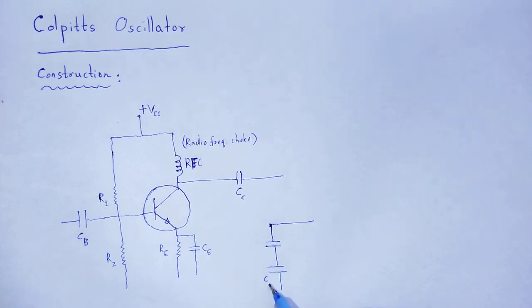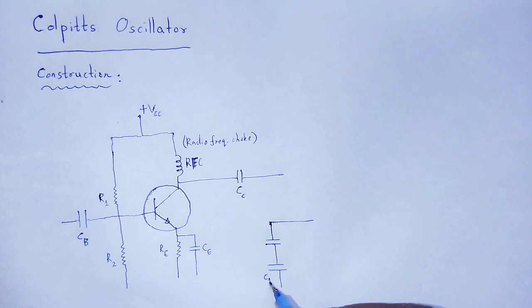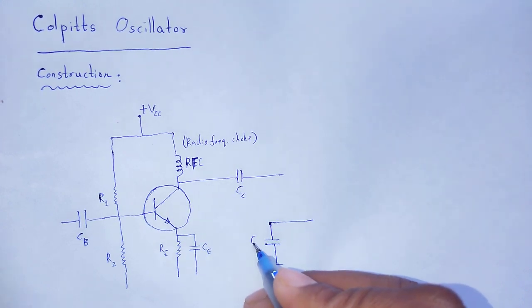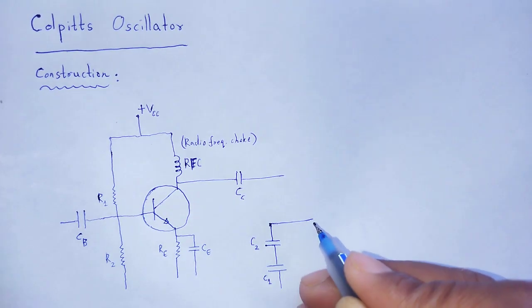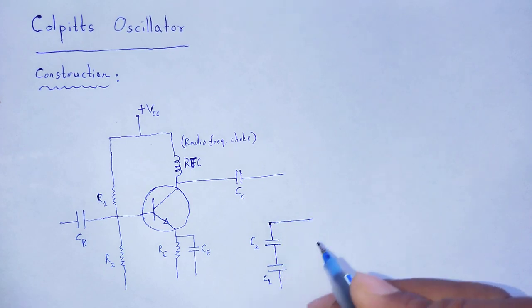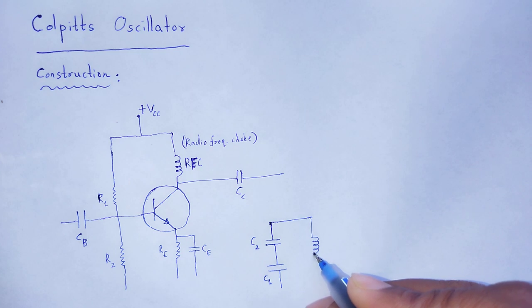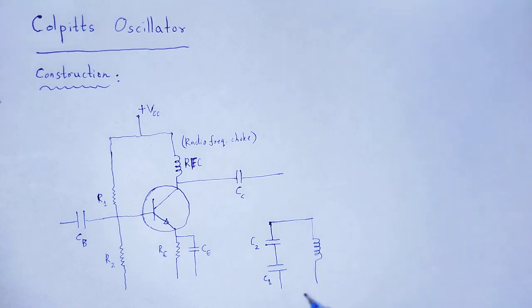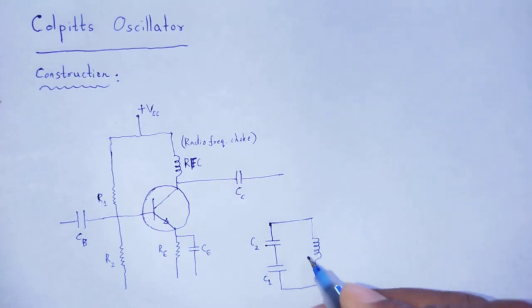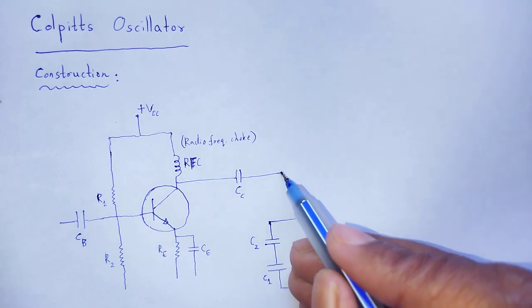That one is C1, this one C2, and these two capacitors are connected parallelly to an inductor having inductance L.